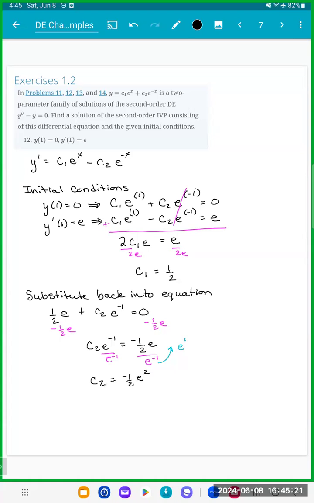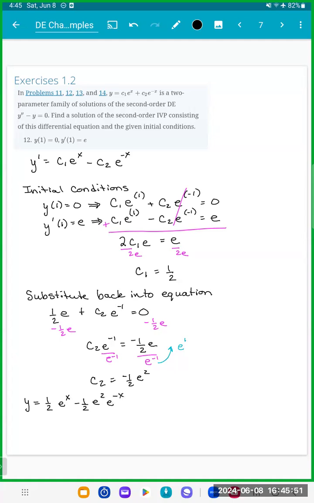So let's plug that back into our original y equation. So we have y is equal to 1/2 e to the x minus 1/2 e squared e to the negative x, okay?